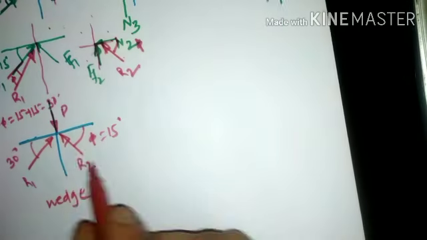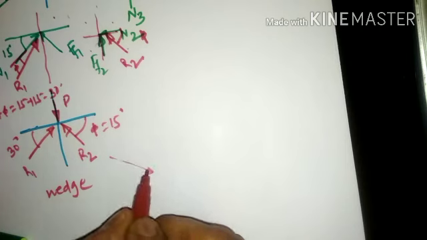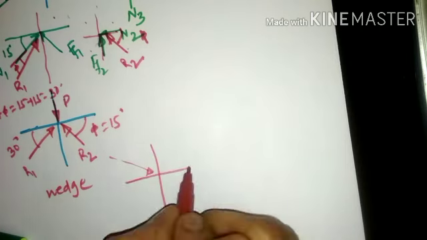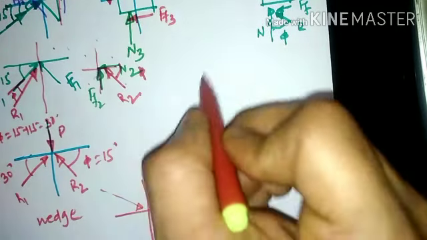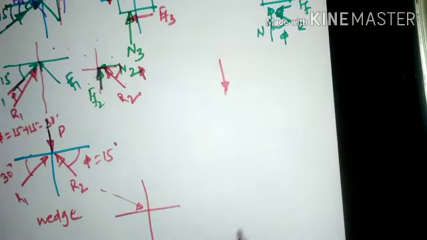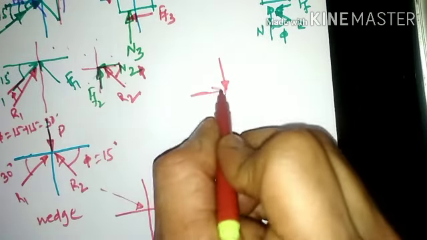Now coming to the forces related to the 100 kilonewton block. If you have a force in the fourth quadrant, you can certainly transfer it to the second quadrant because of the principle of transmissibility. Or else, if you have difficulty, you can take this condition: the frictional force at this junction is in the downward direction and the normal reaction is towards the right hand side.